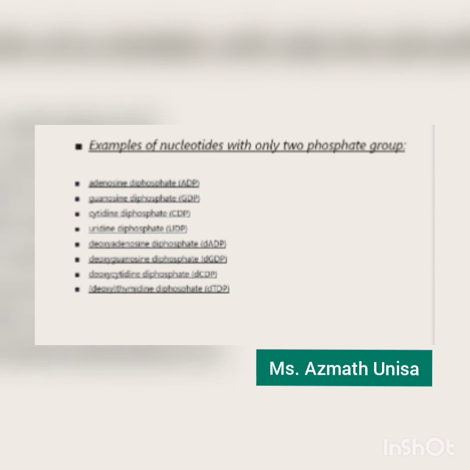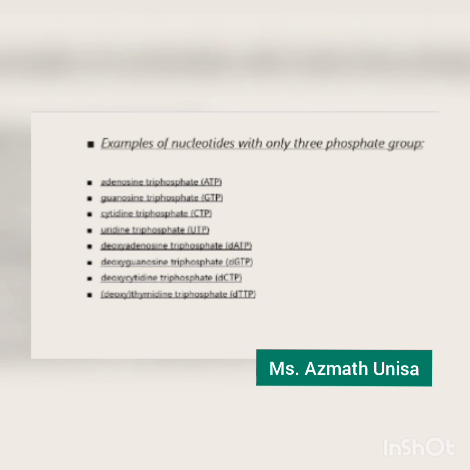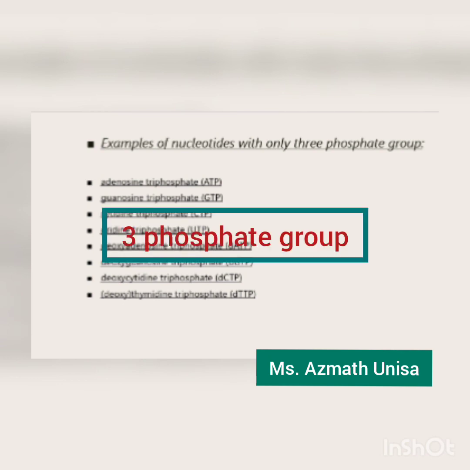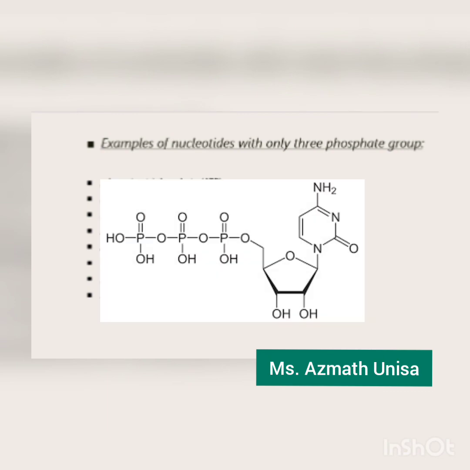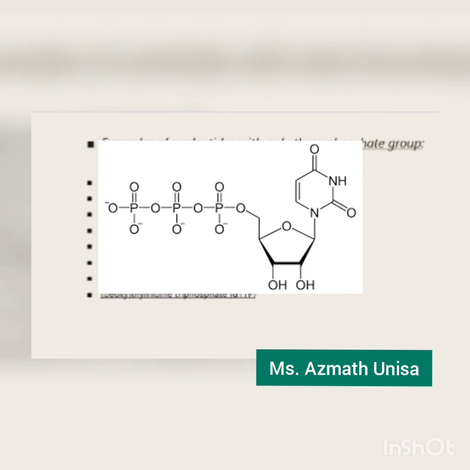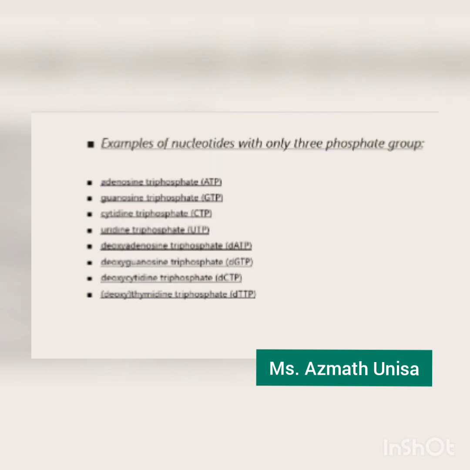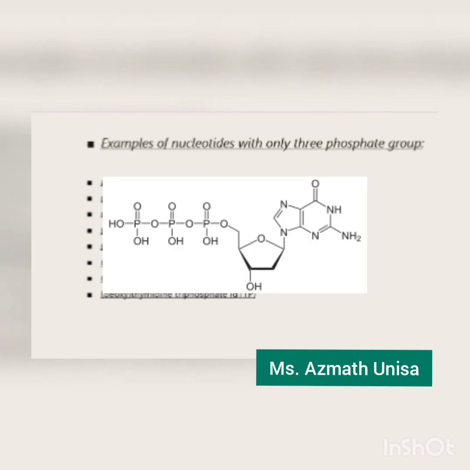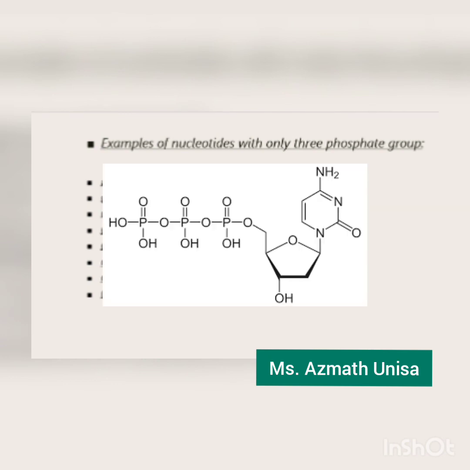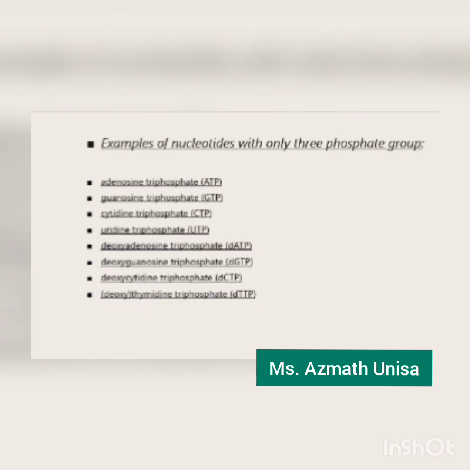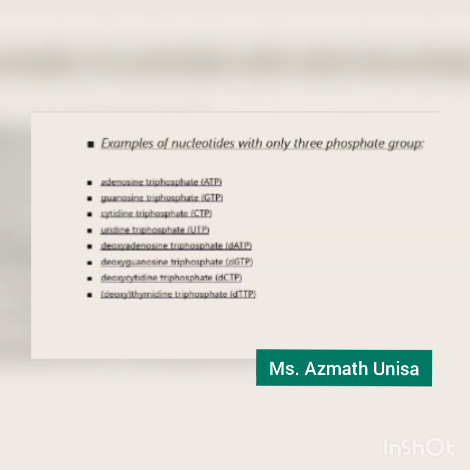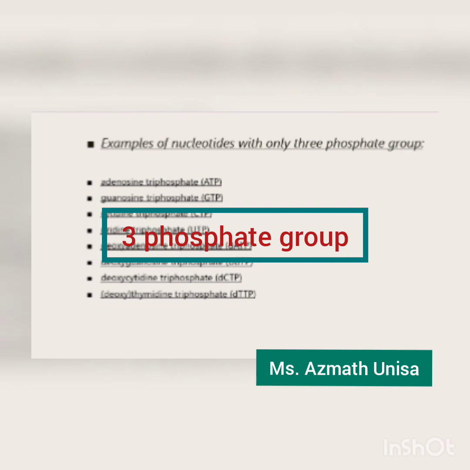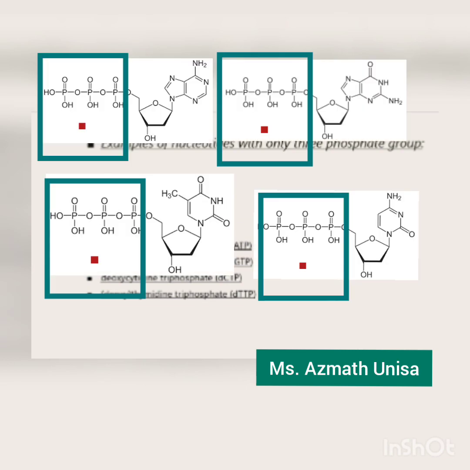The nucleotides with three phosphate groups are adenosine triphosphate, guanosine triphosphate, cytidine triphosphate, uridine triphosphate, and deoxyadenosine triphosphate, deoxyguanosine triphosphate, deoxycytidine triphosphate, deoxythymidine triphosphate. These are all examples of nucleotides with three phosphate groups.